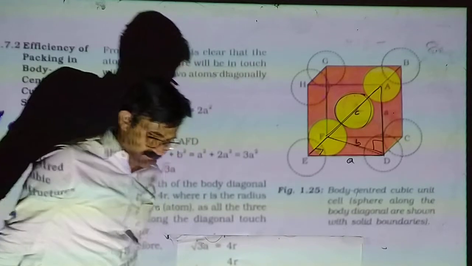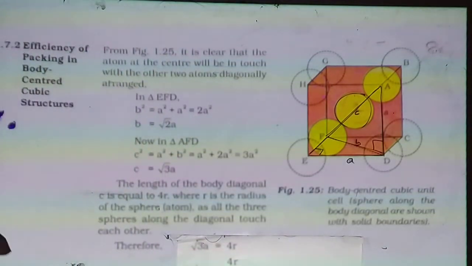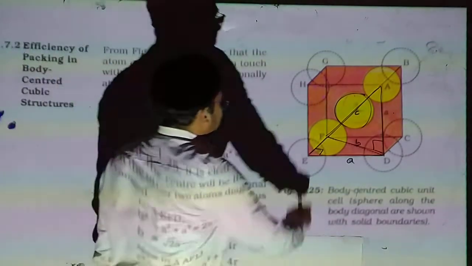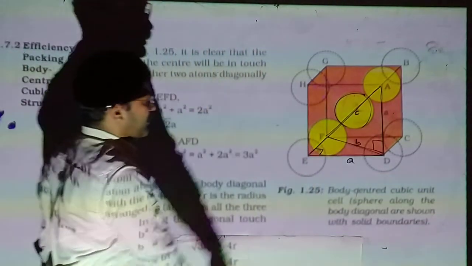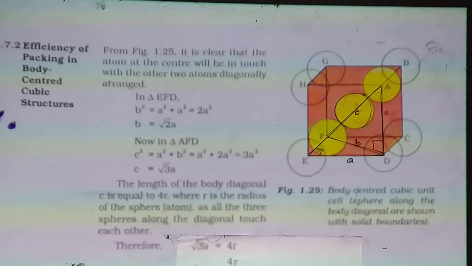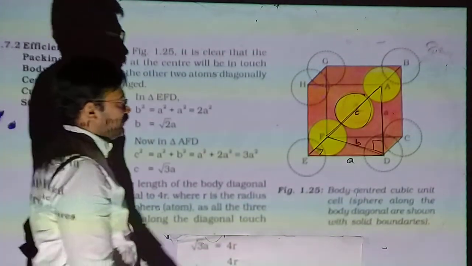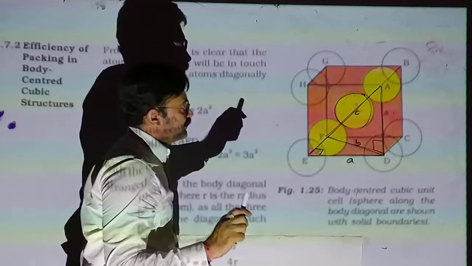Remember once again, in the structure of BCC, body centered, 8 spheres are lying at the corners of the cube and 1 at the center of the cube. Is it clear?